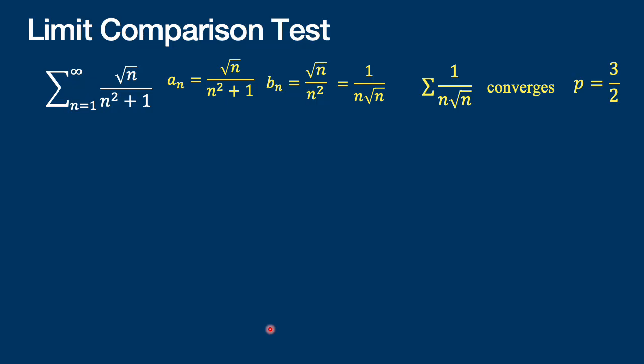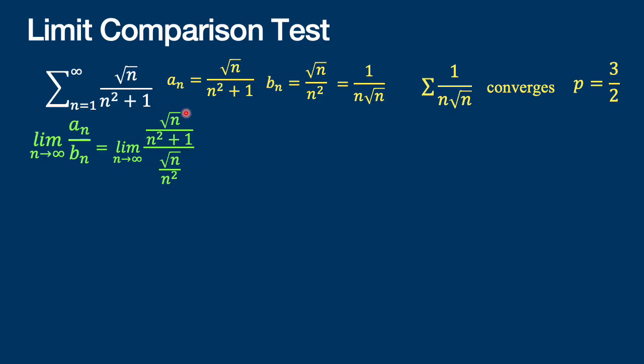Okay, now let's find the limit of the ratio. I'm going to use a_n over b_n this time, exactly the same thing. a_n is square root of n over n squared plus 1, and b_n is square root of n over n squared.